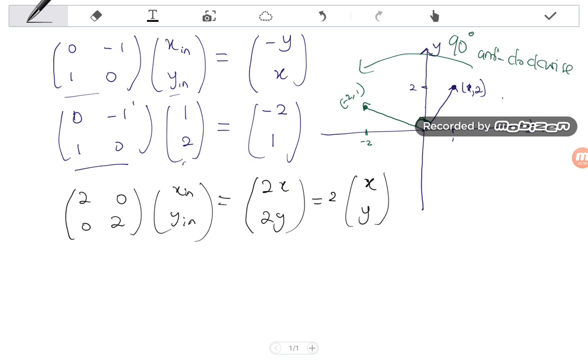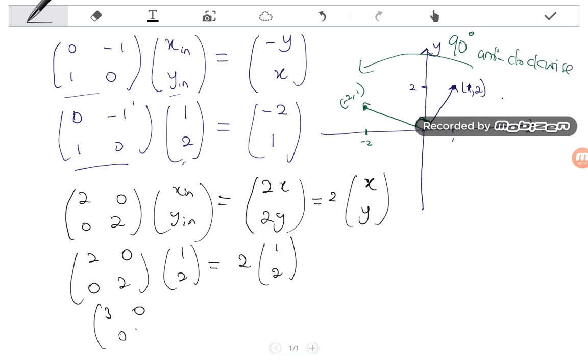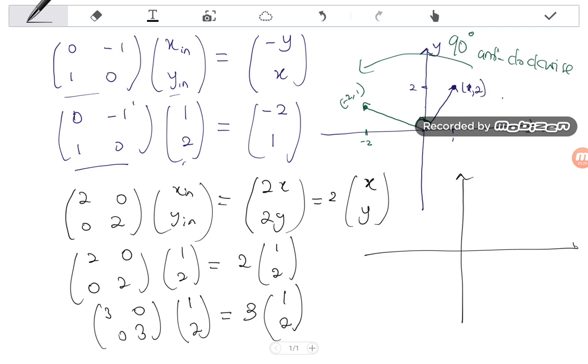Okay, so for example, if we use the same vector that we used earlier on, we have 2, 0, 0, 2 on 1, 2. This is going to give us 2 out, 1 and 2. If we use 3, 0, 0, 3 on 1, 2, this is going to give us 3 out, 1 and 2. Okay, so if we are to sketch this, x here and then our y up there.